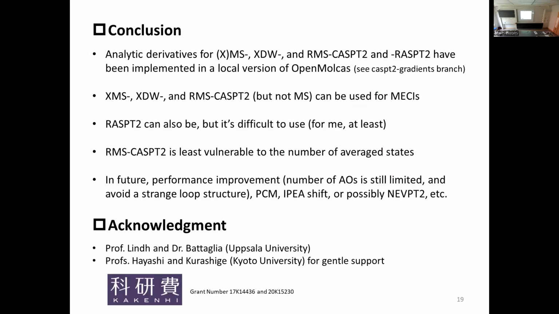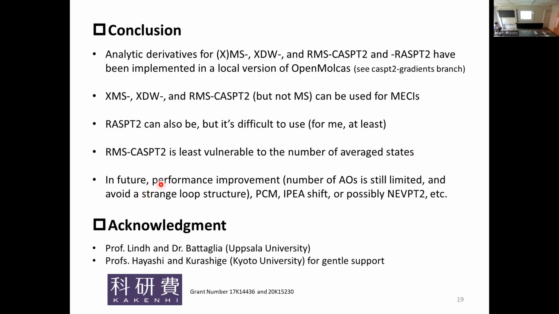As a summary, I developed analytic derivatives for XMS, XDW, RMS-CASPT2 and RASPT2 in a development version of OpenMolcas. They can be used for locating conical intersections, and RMS-CASPT2 is the least vulnerable to the number of averaged states.